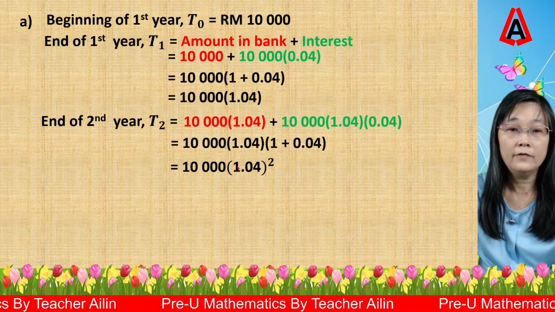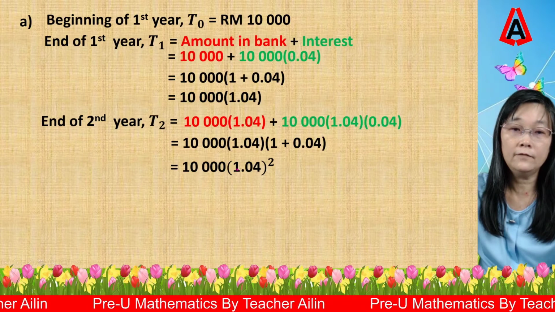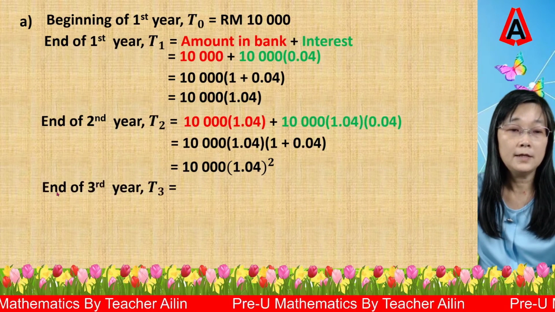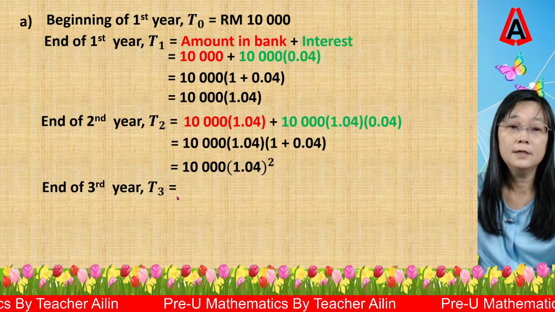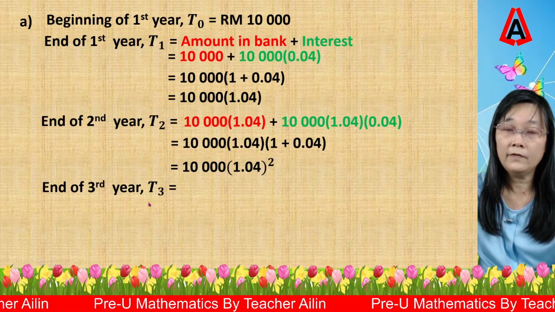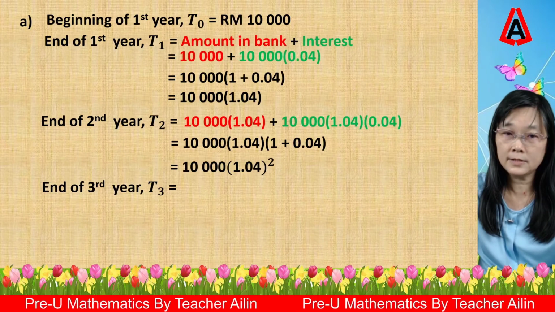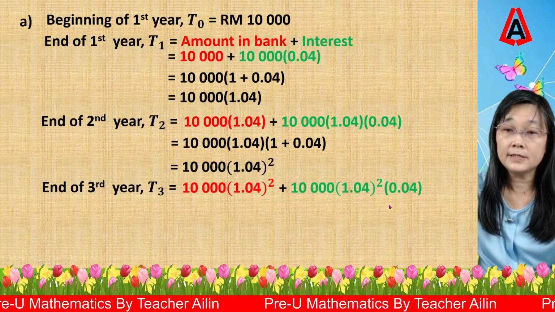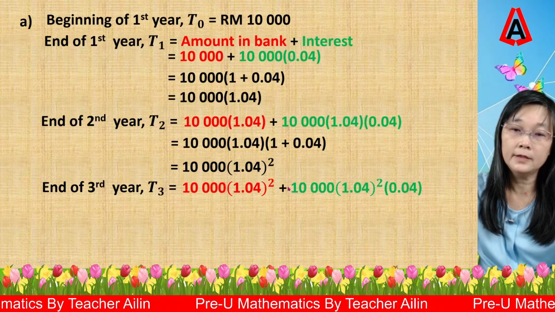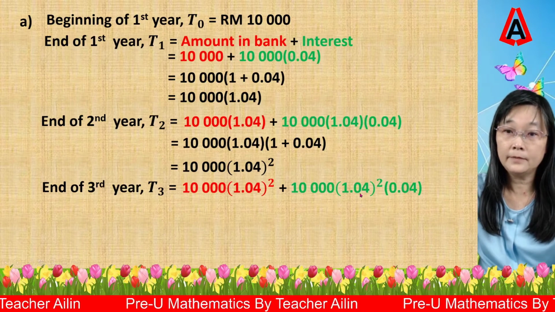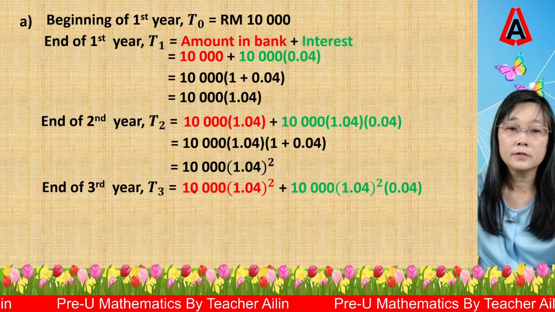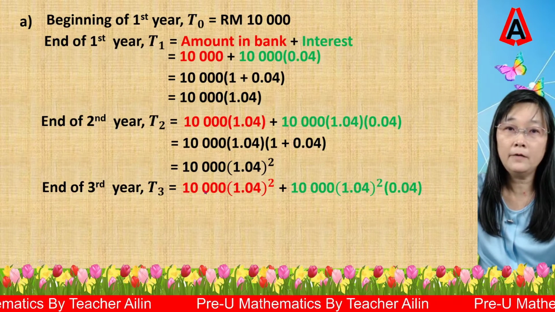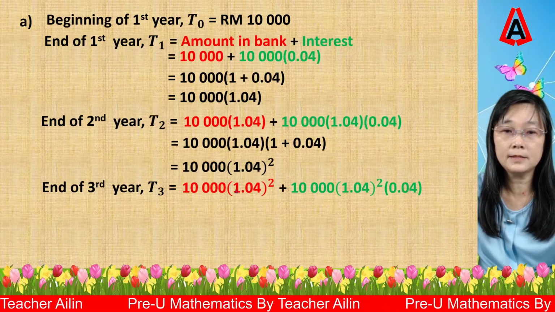Then this amount of money will be carried forward to the beginning of the third year. Then at the end of the third year, the amount of money in the bank will increase again because of the interest. The interest received is based on the amount of money in the bank at that time. So now at the end of the third year, the amount of money in the bank is this one.